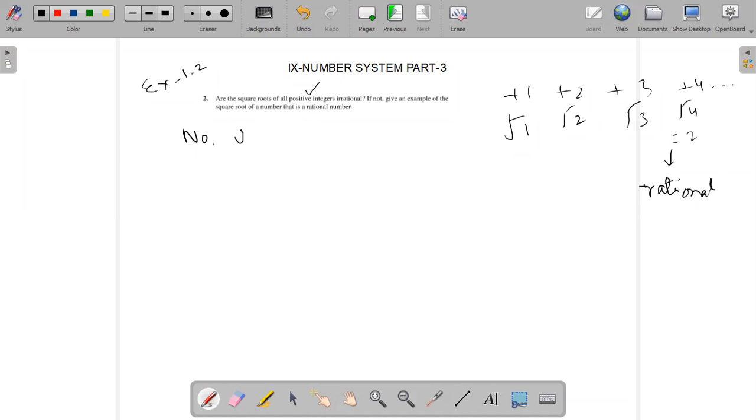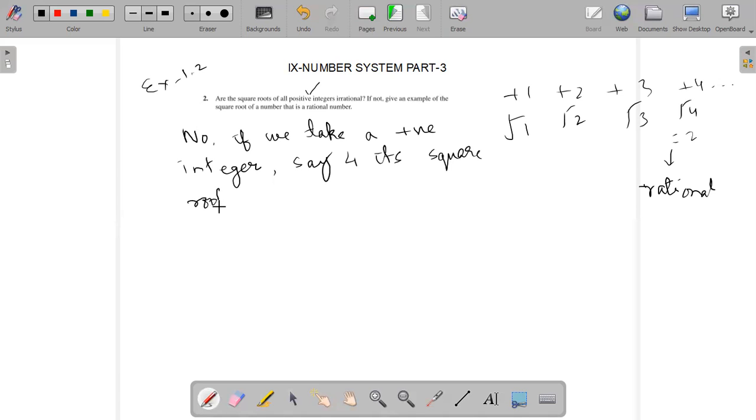But the reason is, if we take a positive integer, say 4, then its square root is 2, which is a rational number.